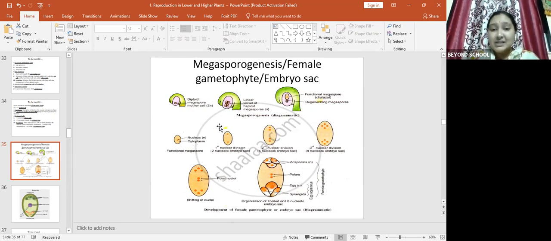So firstly a first nuclear division is carried out, and you get a 2-nucleated embryo sac. How did you get this 2-nucleated embryo sac, Siddhant?